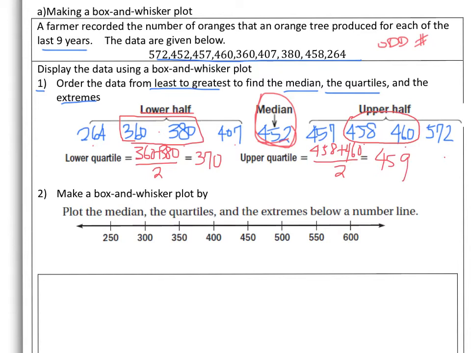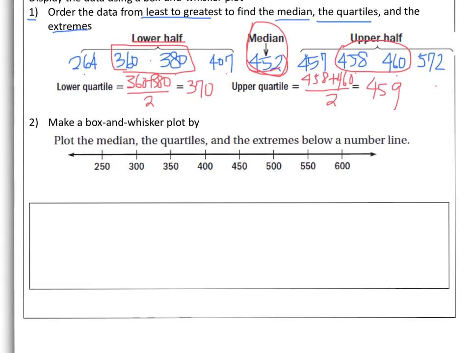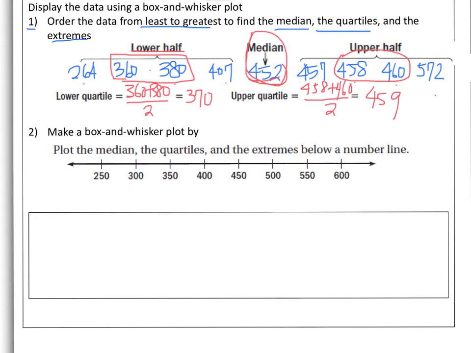Now we are ready to plot a box and whisker plot. So I have a number line printed for you already. Later on, you'll need to draw your own.